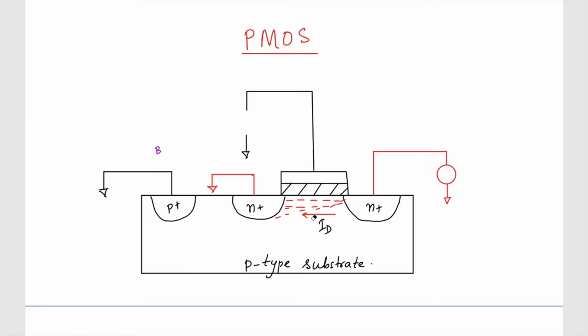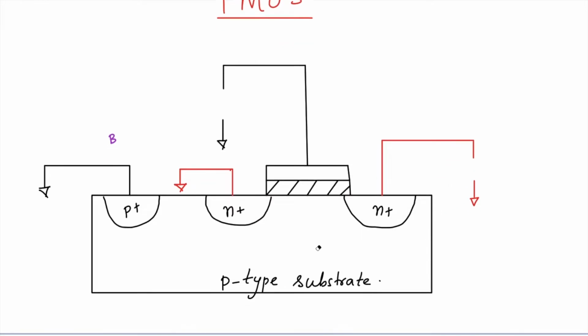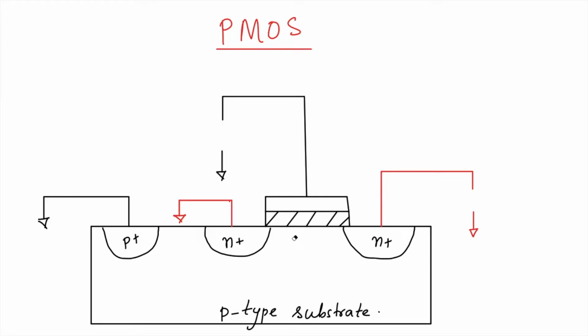So I need to reverse. Instead of a p-type substrate, there should be an n-type substrate. For PMOS it's sometimes called a well, and we'll see why it is called like that.